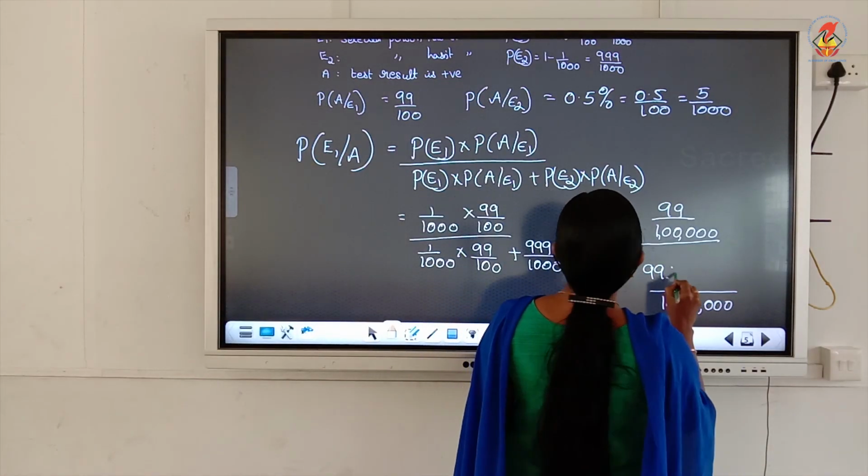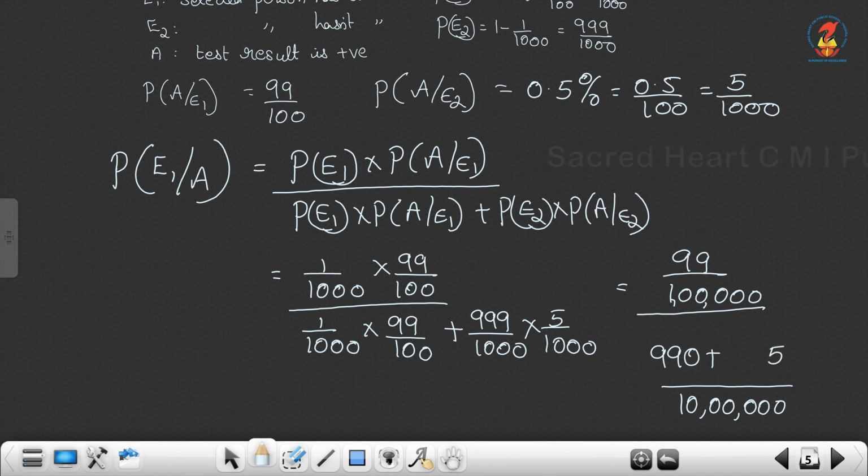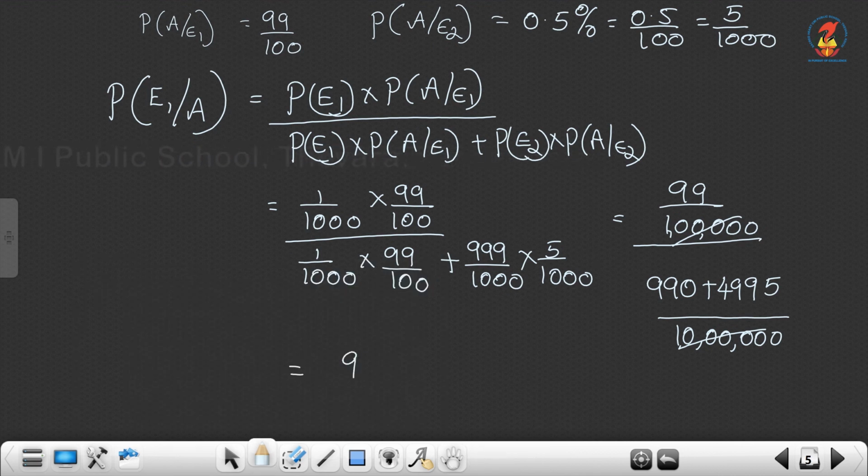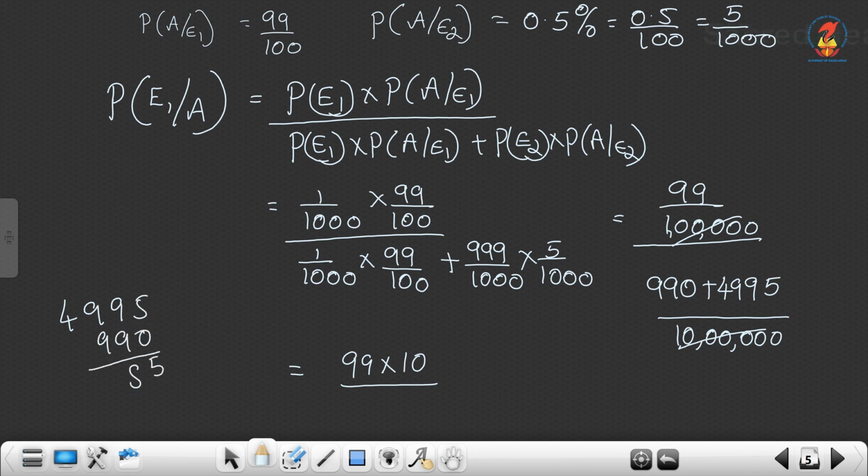So 990 plus the product. This cancels, so 99 into 10 by 990 plus 4995, which is 5985.